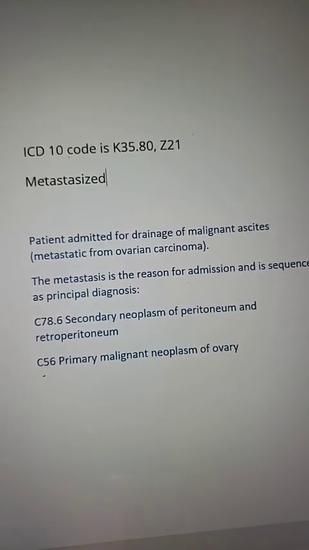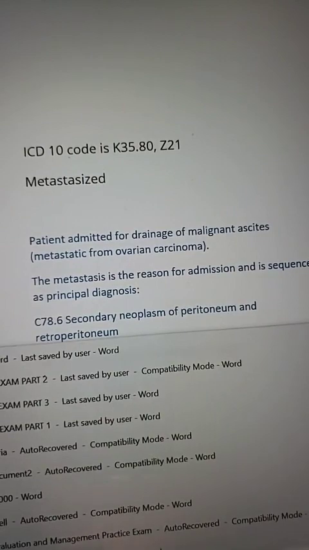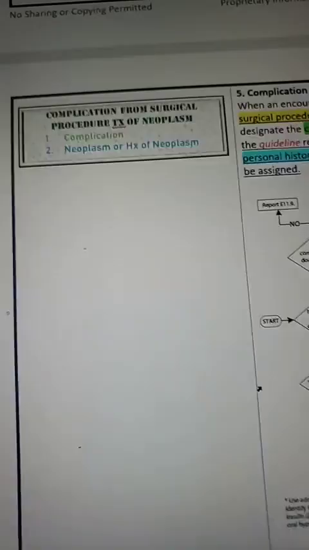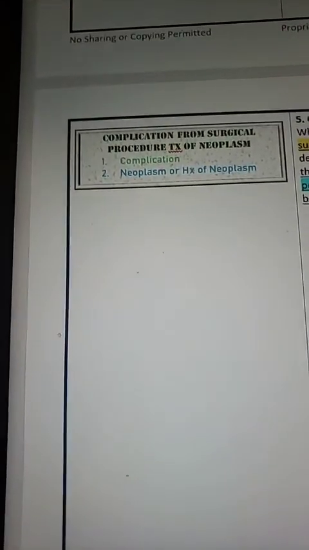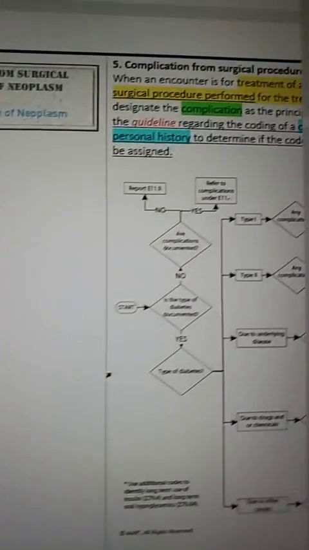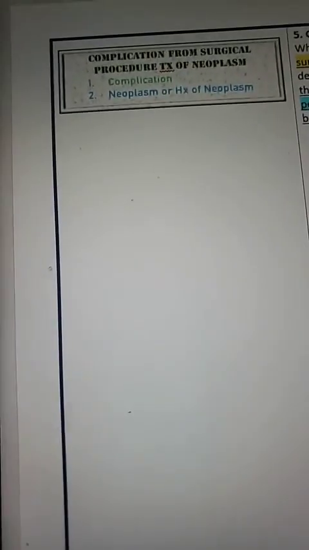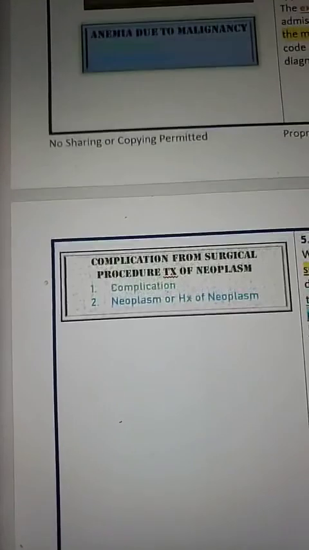I've been working and I finished the 2022 guidelines. I just want to add more examples to it. I've gone through all the new guidelines, highlighted what was important, added charts, added some examples, especially to diabetes and some other things.